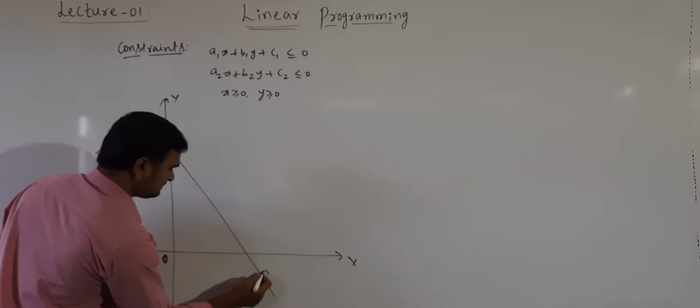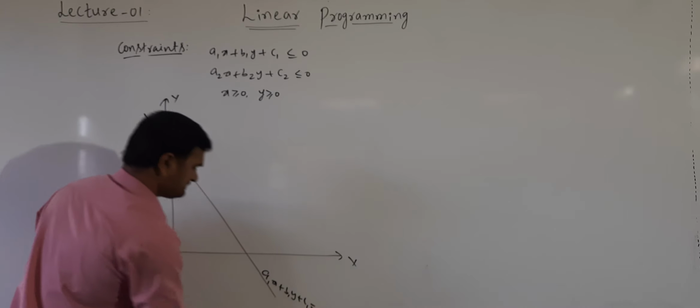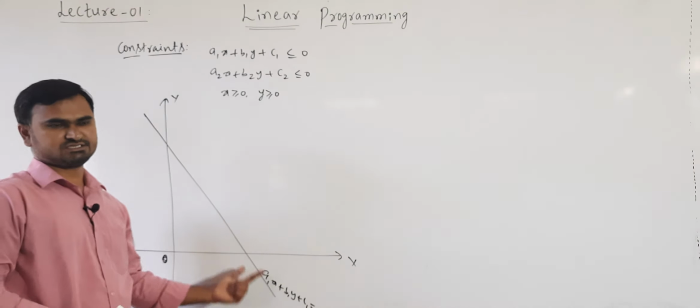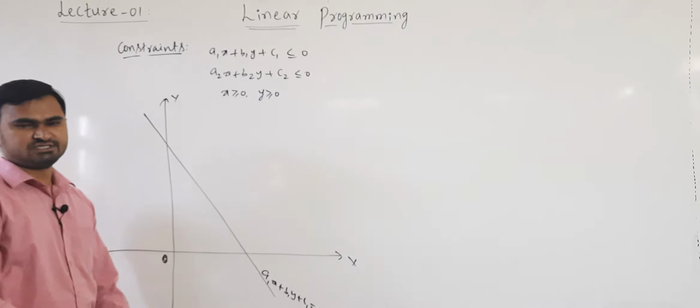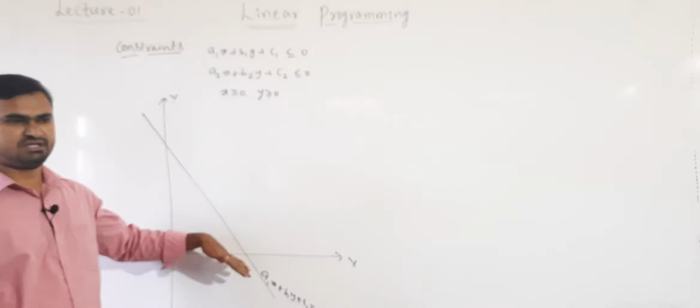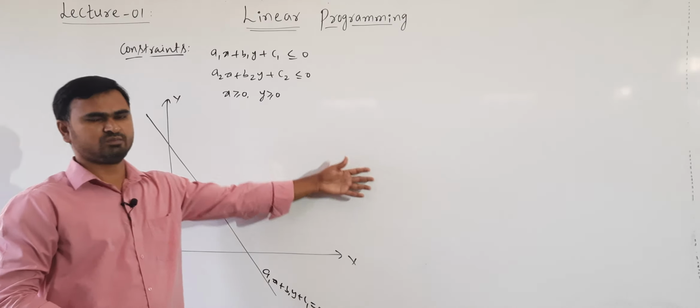This is a1x plus b1y plus c1 equal to 0, which represents a straight line. Now we have less than or equal to 0. What does it represent? It represents a half plane, either below the line or above the line.